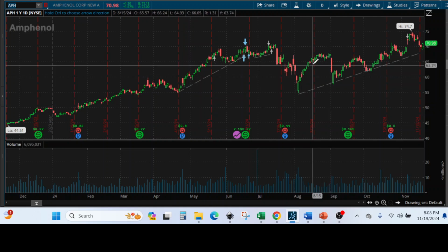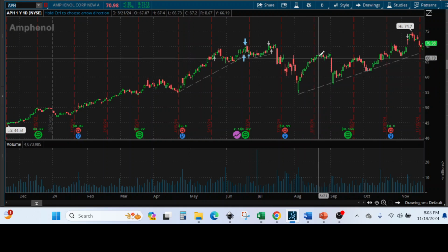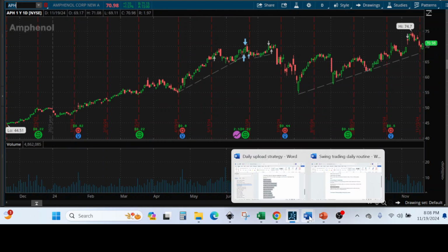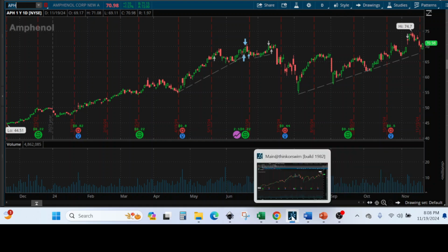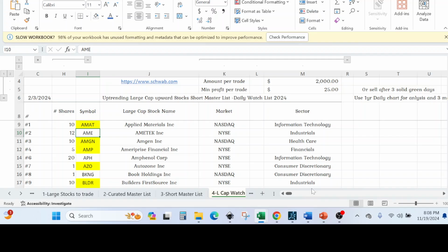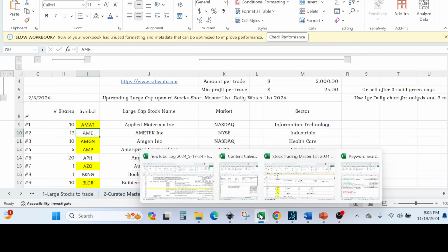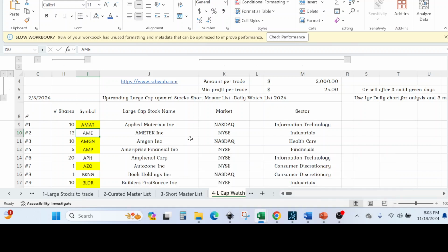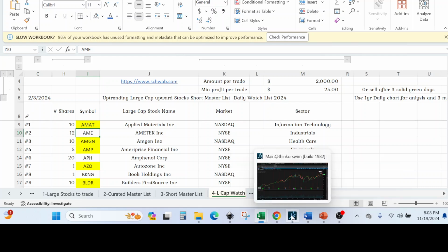When it's going up, we buy it and we sell it when it's still going up and reaches our minimum profit. So we sell it within 3 days after purchasing it on average. But if we purchase it and it goes down, then we just keep it in the portfolio until it's profitable before we sell it.